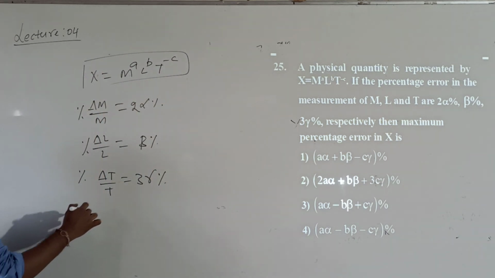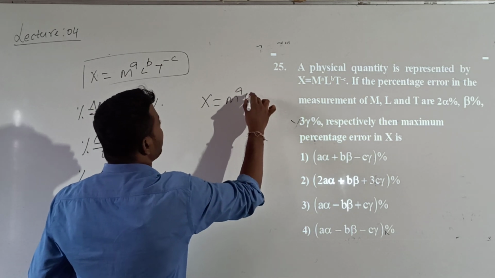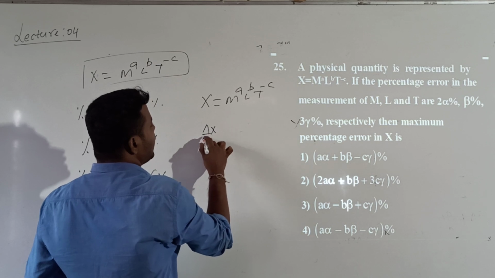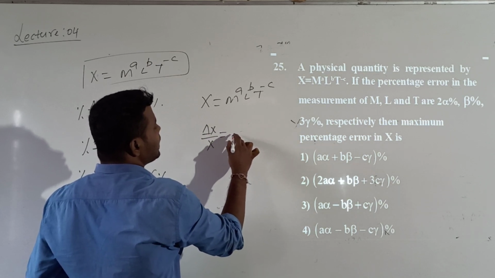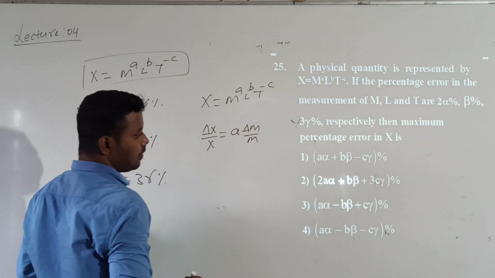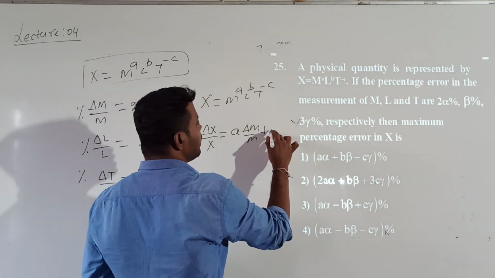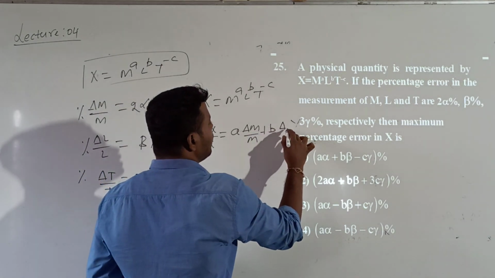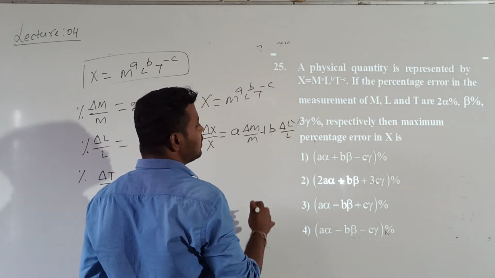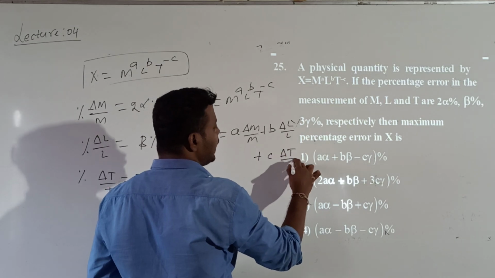Whenever it is given like this, x is m power a into L power b into t power minus c. So what is delta x by x? Delta x by x is equal to a into delta m by m plus b into delta L by L. Though the power is minus, this is plus c only, c into delta t by t.